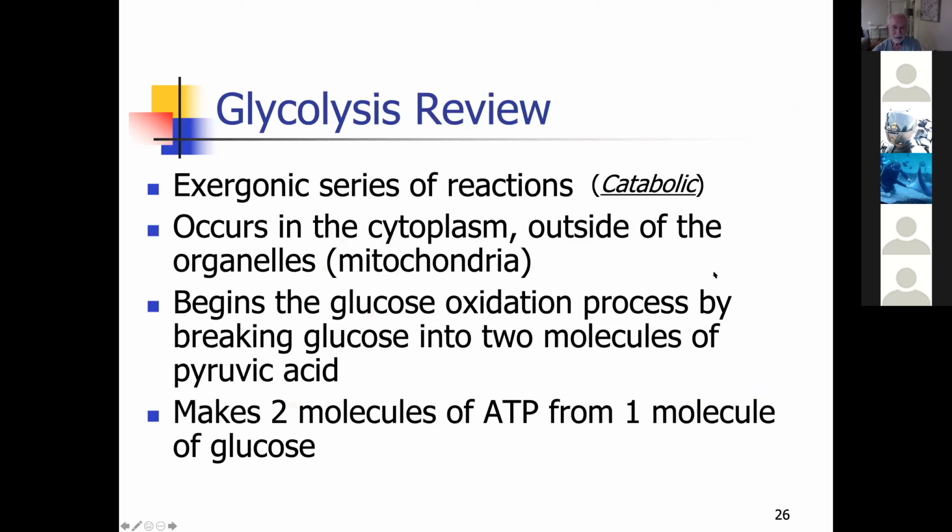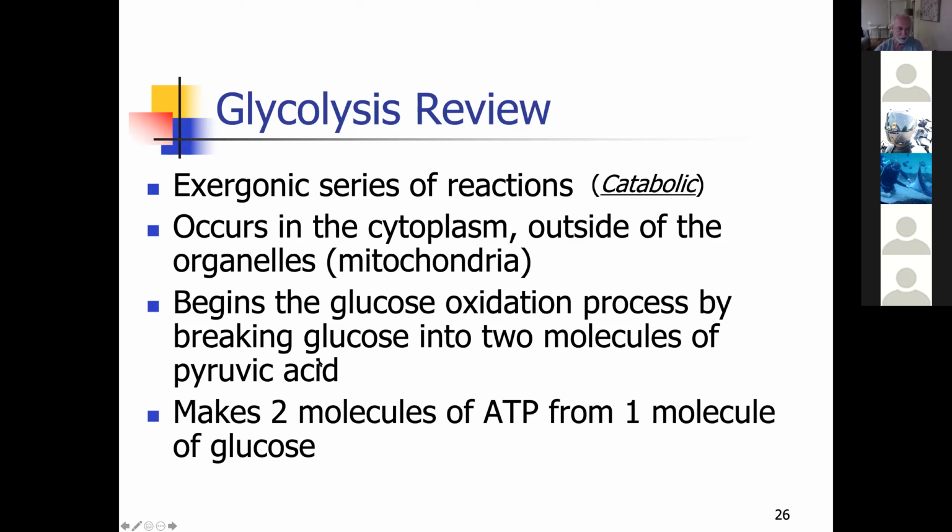So let's go over the steps of glycolysis again. It's an exergonic series of reactions. It's catabolic. It occurs in the cytoplasm outside the mitochondria. The glucose oxidation process begins by breaking glucose into 2 molecules of pyruvic acid. So remember, glucose is a 6-carbon sugar.